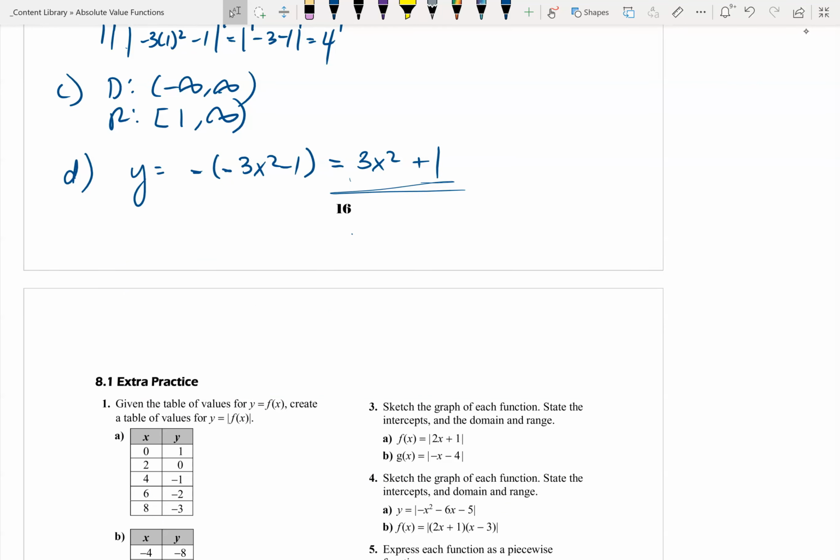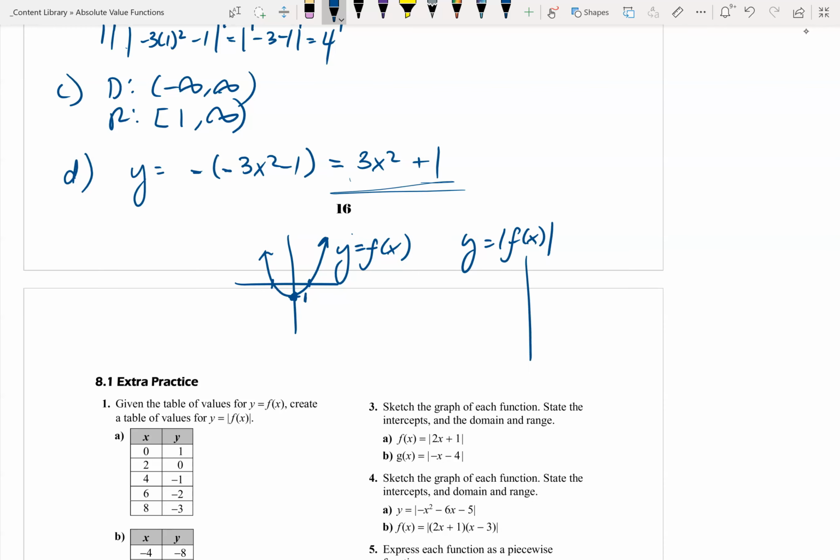Before I set you free on doing the extra practice questions, I want you to try a question that's like this. Let's just say you're given a graph and they call it y equals f of x. And they said that this point is 0, -1. And you're trying to find our y equals the absolute value of f of x graph.